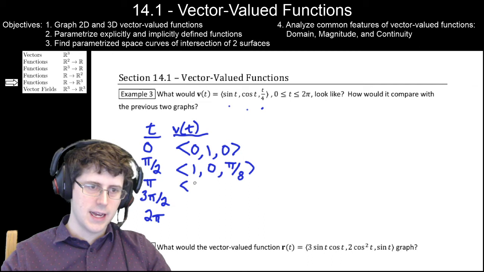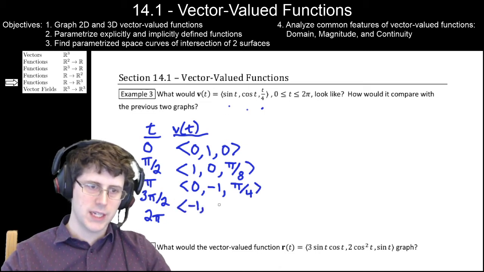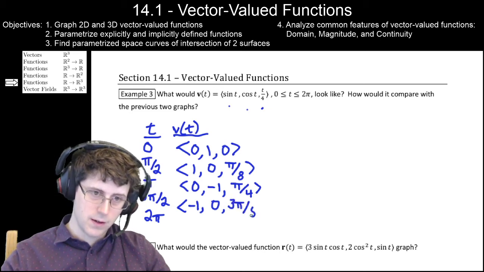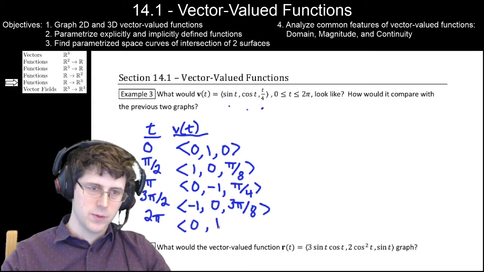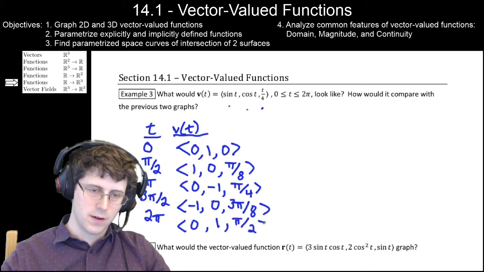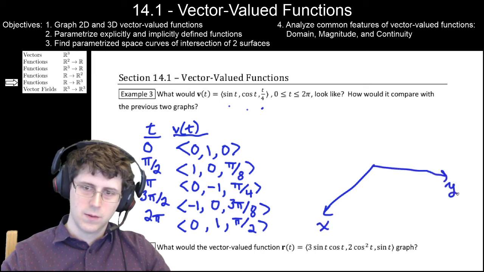Okay, sine pi, cosine pi, pi over 4, sine 3 pi over 2, cosine 3 pi over 2, 3 pi over 2 over 4, and sine 2 pi, cosine 2 pi, 2 pi over 4. So let's call this x, y, and z.